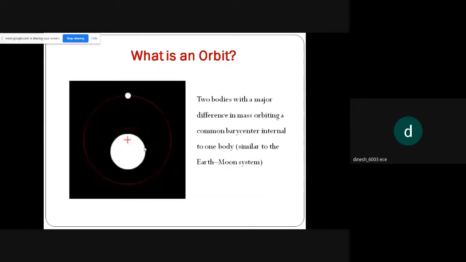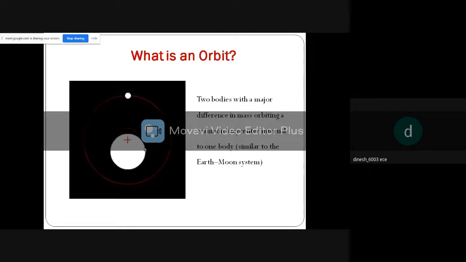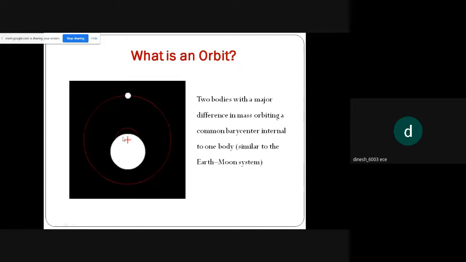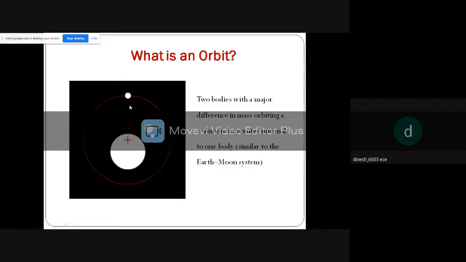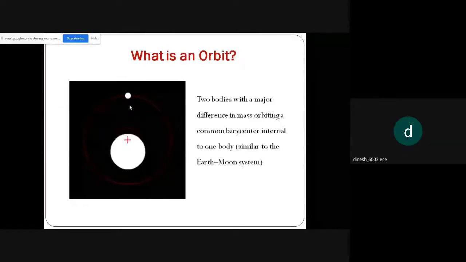Whereas in this diagram, the two bodies have a major difference in mass, orbiting a common barycenter, but one body is internal. You can see that we have a barycenter at the center. One body is revolving within the center, another body is outside, externally. So this is a fashion similar to the Earth and Moon system.